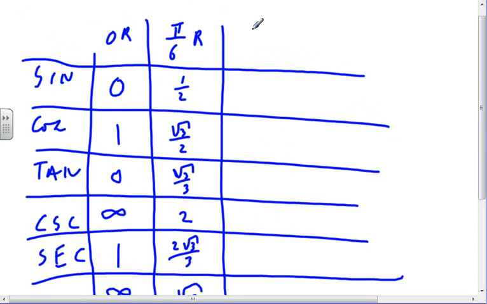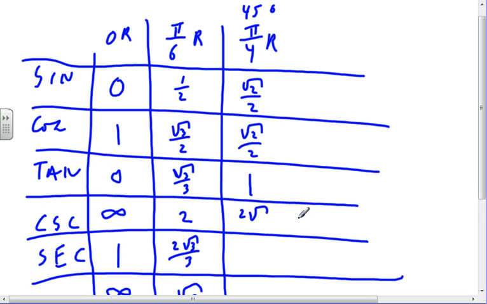And then I think of 45 degrees, pi over 4, and this guy's going to be square root of 2 over 2, square root of 2 over 2, 1, 2 the square root of, is that just the square root of 2? 1 over that guy, 2, oh, that was convenient.